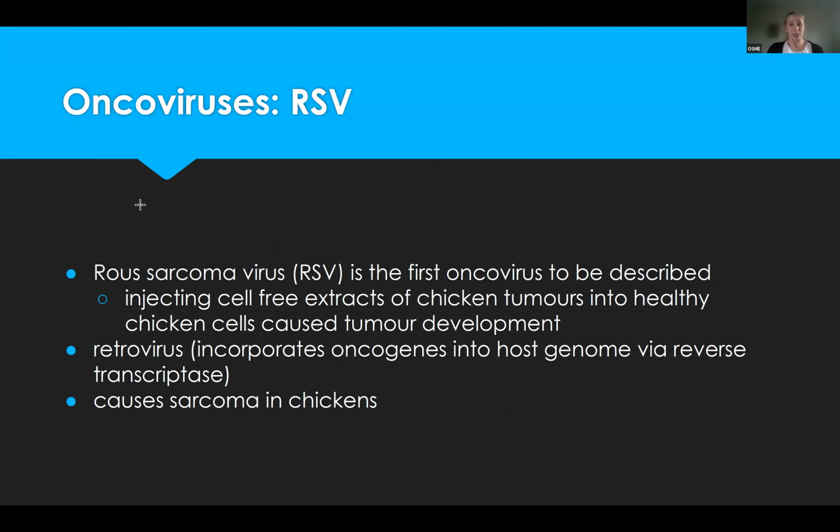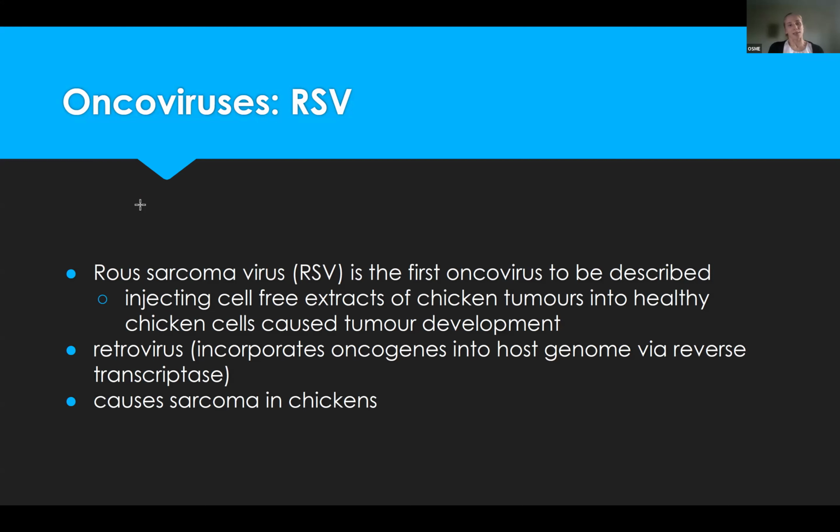In general, the oncoviruses were discovered by studying the Rous sarcoma virus, and that's actually a chicken virus. It was discovered by injecting cell-free extracts of the chicken tumors into healthy chickens. And it was shown that these chickens then developed cancer, unfortunately.